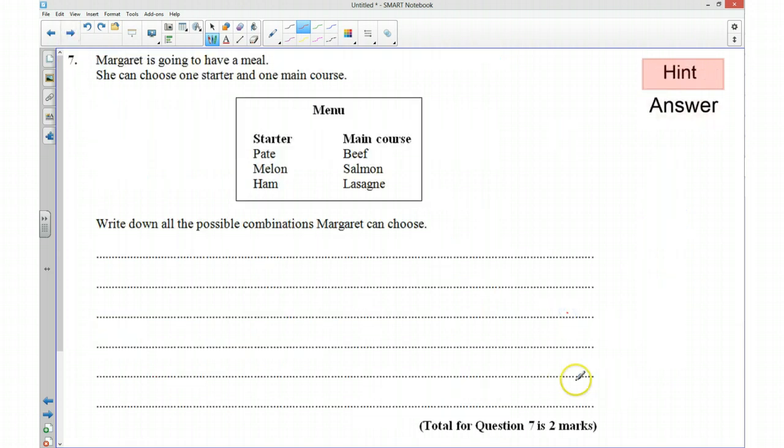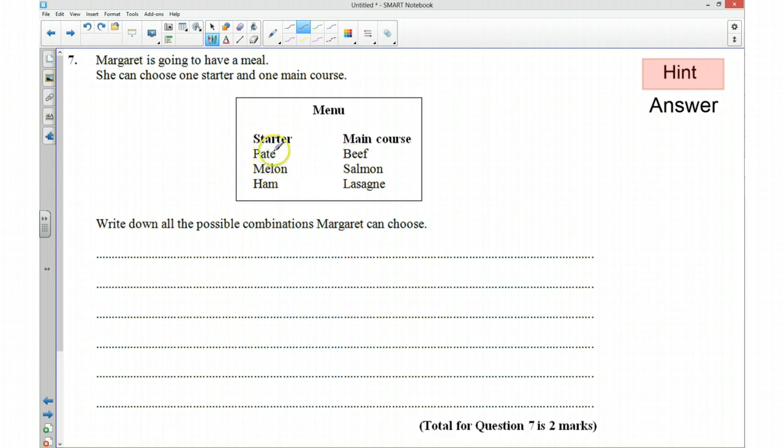Question number 7. So Margaret is going to have a meal. She can choose one starter and one main course. Write down all the possible combinations Margaret can choose. So my hint to you here is that you don't have to write down the whole word. We can just write the first initial of each of the words, because they will start with a different letter.